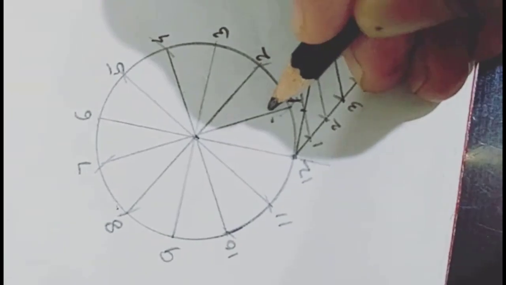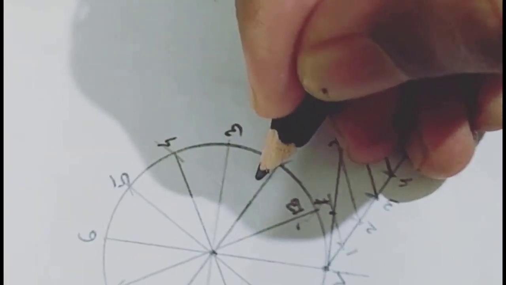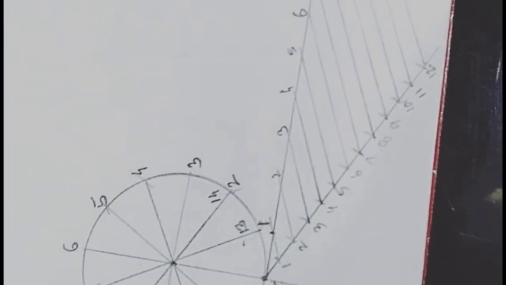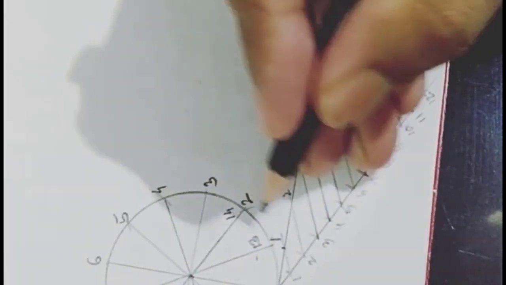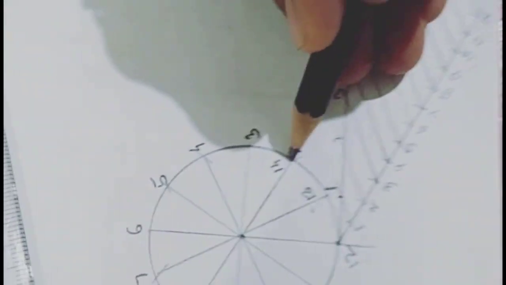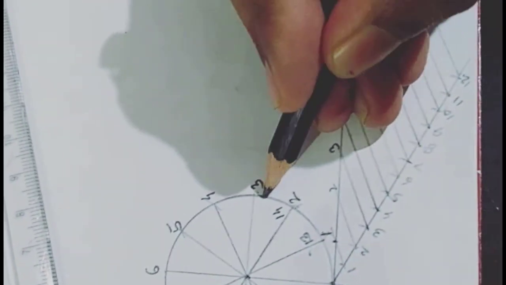After 12 we have 13 and 14, so I will mark point 1 as 13 and write it inside, and point 2 as 14. After 14 you get point P, which means point P will join somewhere between 14 and 3, beyond 14. By this you come to know where to join point P.